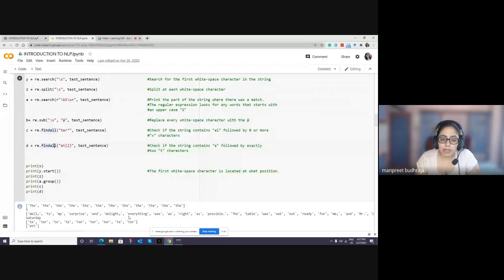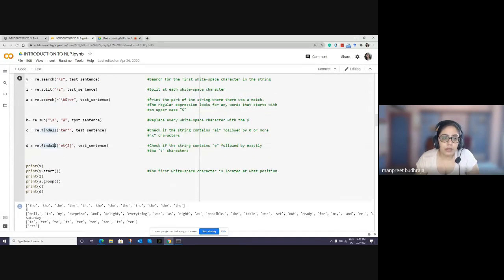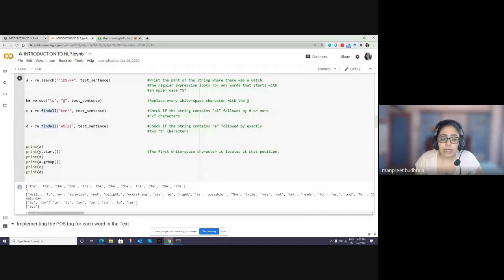Well, to my surprise. Next is to get the letter where S is capital followed by other letters. So Saturday is there only in our text, and similarly for this TER and ETT.